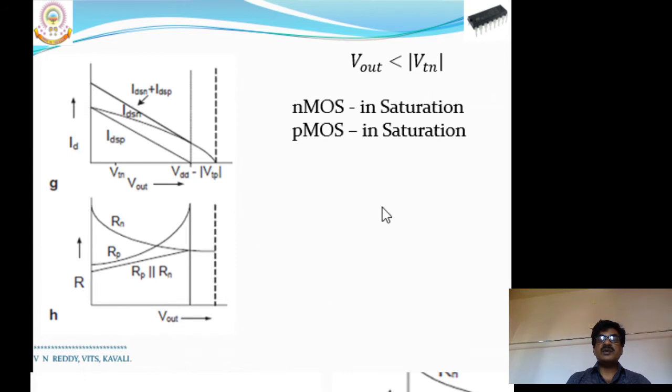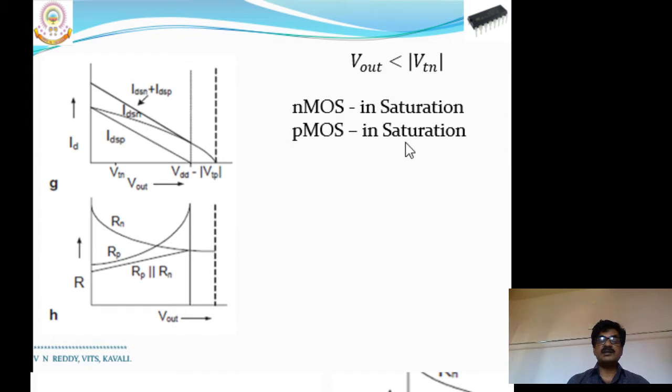Suppose the output voltage is less than VTN, see this is the waveform representation. If the output voltage is less than VTN, both the NMOS and PMOS transistors are in the saturation region.